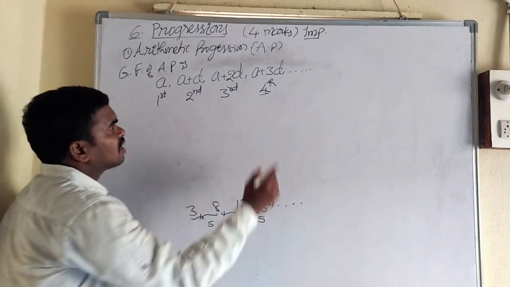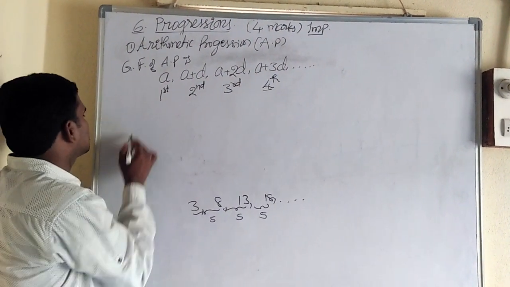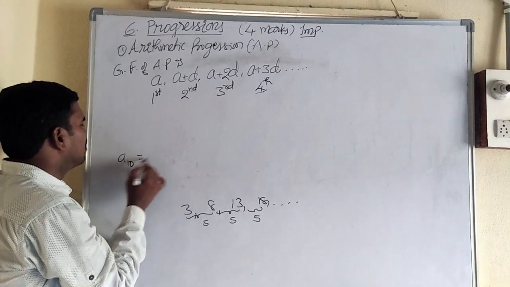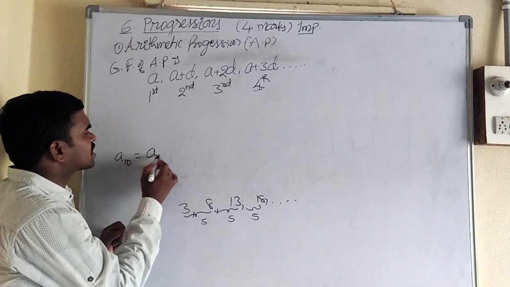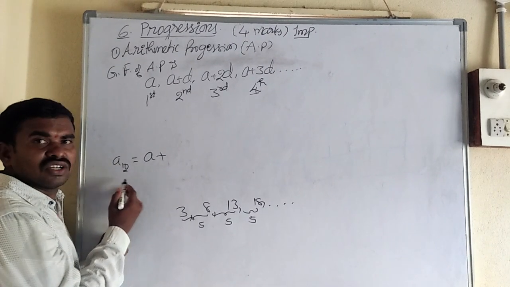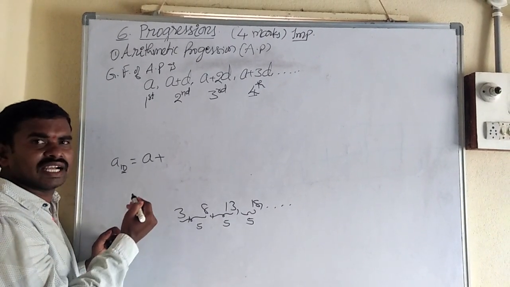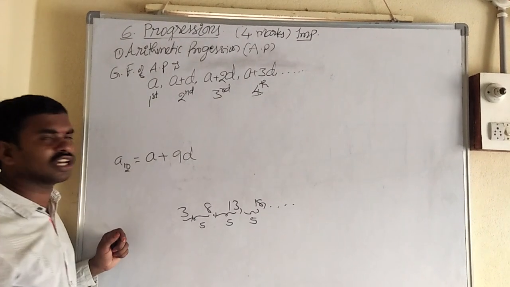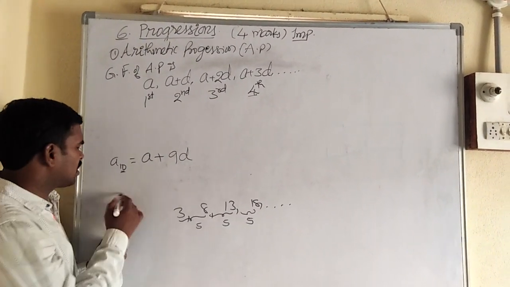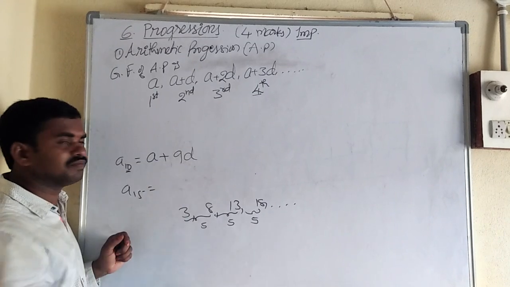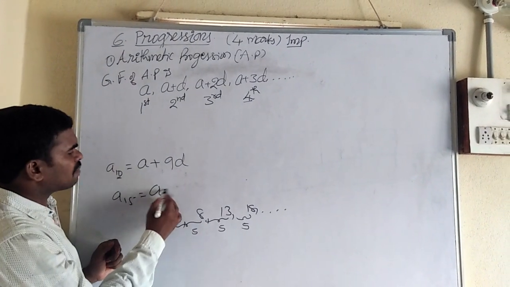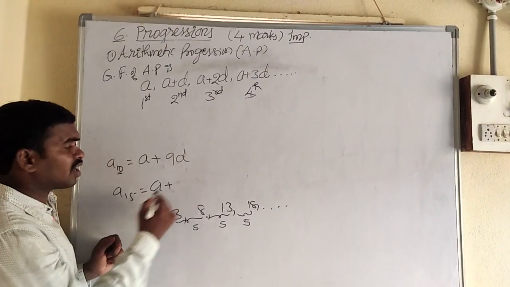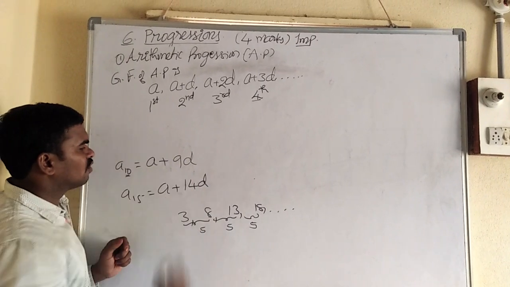That means, for example, if we want the 10th term, A plus is common. Here it is 10. So below 10, 1 less than 10. 1 less than 10 means what? 9. So 9D. 10th term is A plus 9D. Similarly, suppose you want 15th term. So it becomes A plus 1 less than 15 what? 14. So A plus 14D.